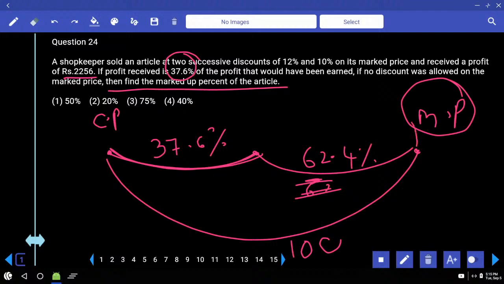ఇక్కడ ఎన్ని డిస్కౌంట్స్ ఇచ్చాడండి? ఏంటవి? 10 ఒకటి, 12 ఒకటి. ఫర్ ఎగ్జాంపుల్ 10 అండ్ 12 దేనికి ఈక్వల్ అండి? సింగిల్ డిస్కౌంట్. That is 12 plus 10 minus 12 into 10 by 100, 22 minus 1.2, 20.8%.